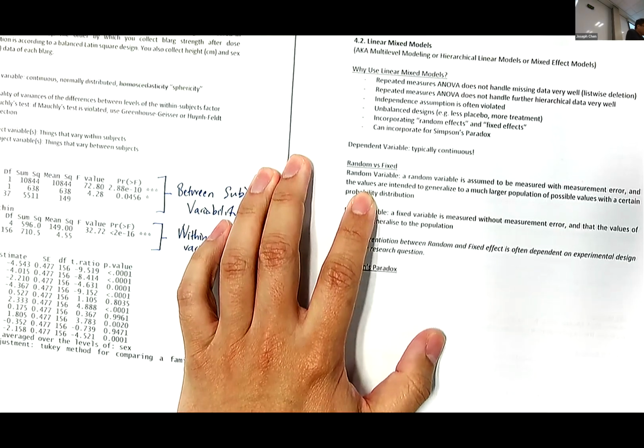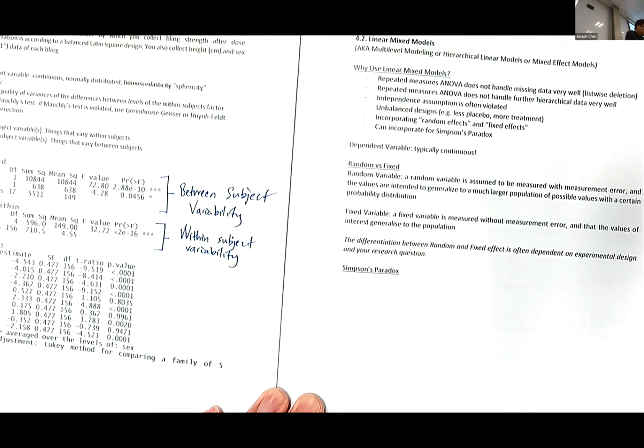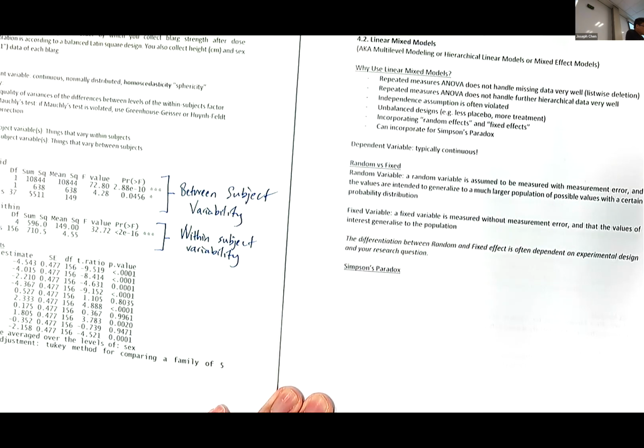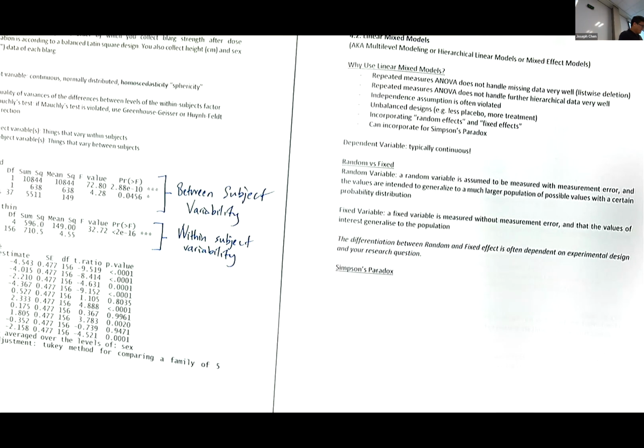So a random variable is assumed to be measured with measurement error, and the values are intended to generalize to a much larger population of possible values with a certain probability distribution. Okay. No idea what I just read, but I wrote this apparently last year, so, no, I do. I think I do.